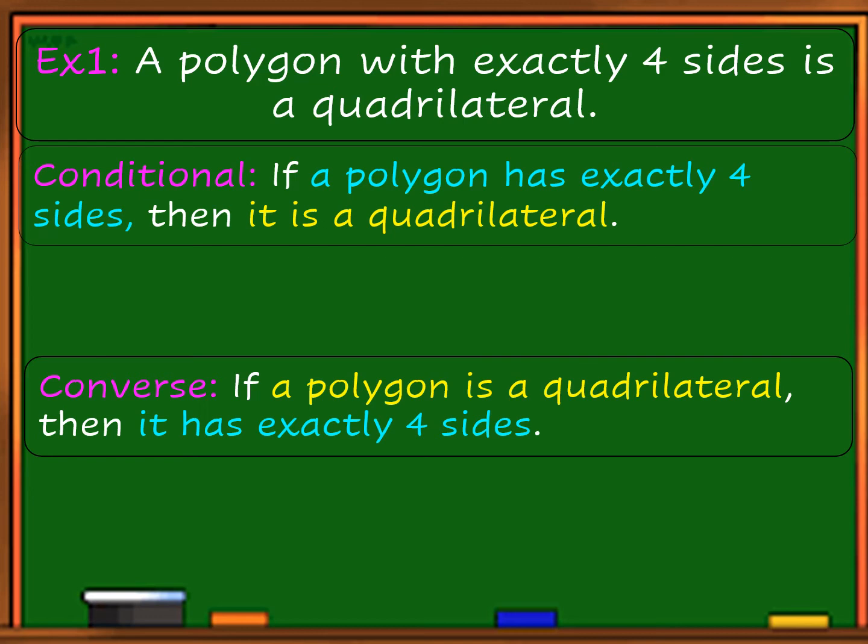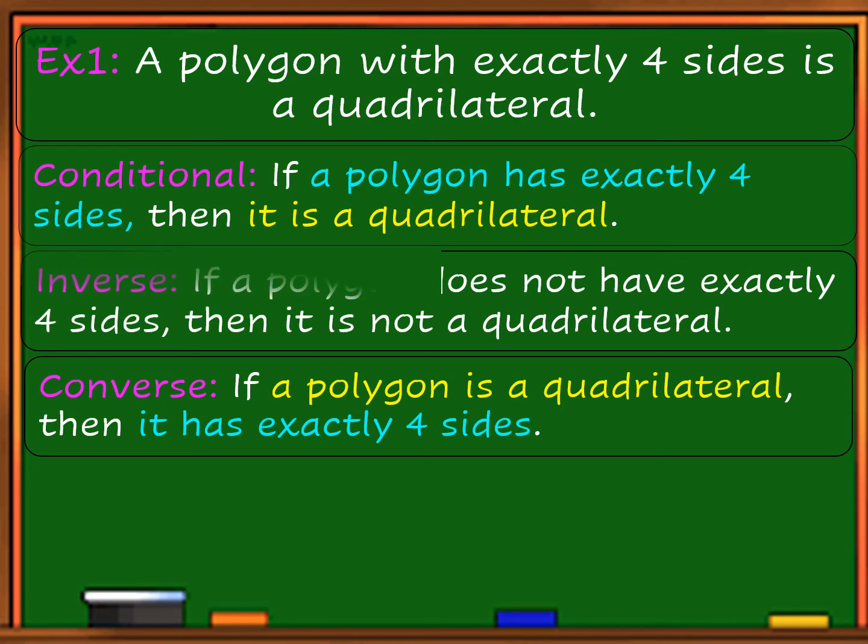Now, the inverse statement is formed by stating the negative condition of the conditional statement. Hence, we write it as, if a polygon does not have exactly 4 sides, then it is not a quadrilateral. Take note of the word not. It makes our conditional statement negative.